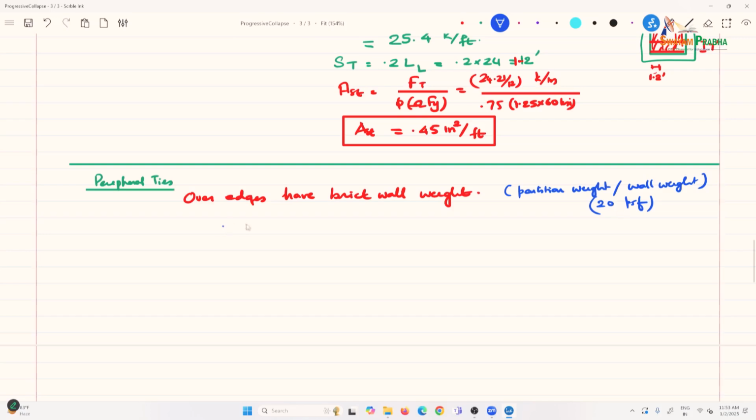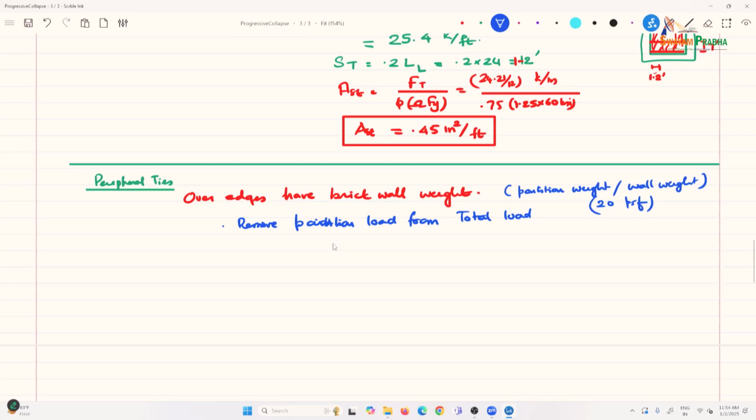So what we will do first is to remove the partition load from total load, which is in PSF.